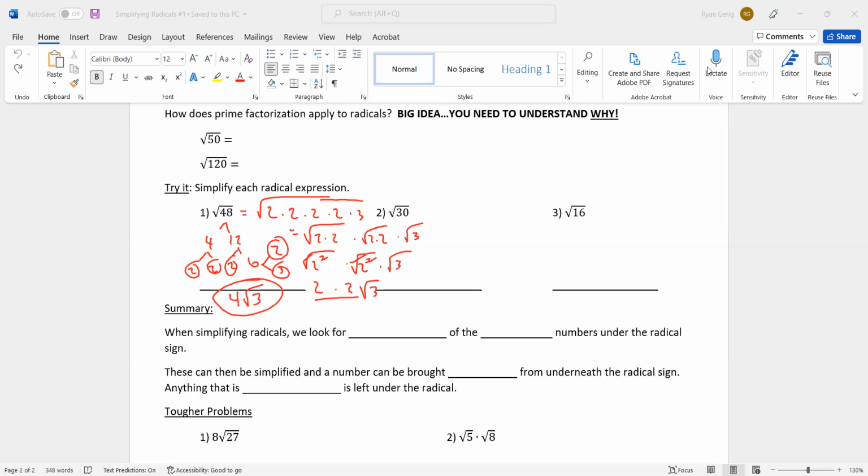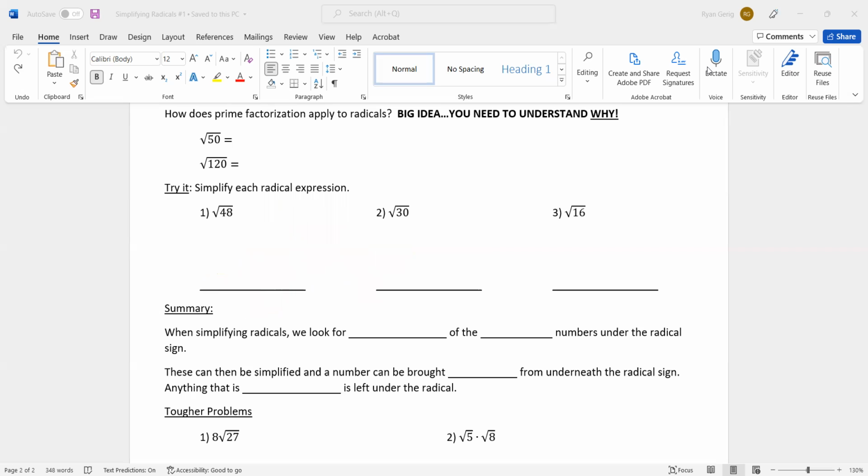Okay, I'm doing all the work so that you can see why I'm getting what I'm getting. I'm going to show you a quicker way to do it. But before I show you that quicker way, I want you to see why it's working. And that's why I'm going through all this work. Okay, so square root of 30 is 10 and 3. 3 is prime. 10 is 5 and 2, both prime.